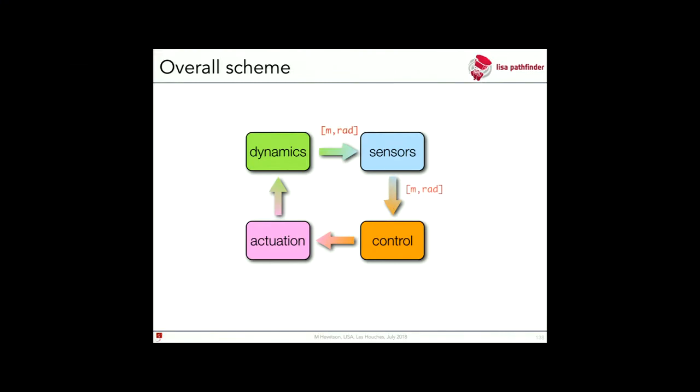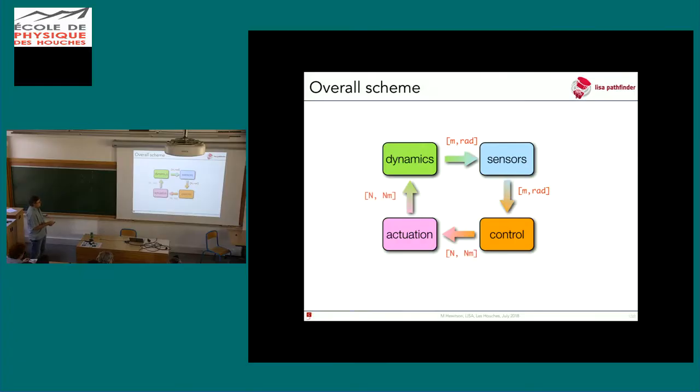So we have those 3 bodies, 2 test masses in a spacecraft. You have to look at the dynamics, the equations of motion of those 3 bodies. The motions of those can be expressed in terms of meters and radians with respect to some inertial frame. You use sensors to measure those quantities. Those sensors give you estimates of those quantities.